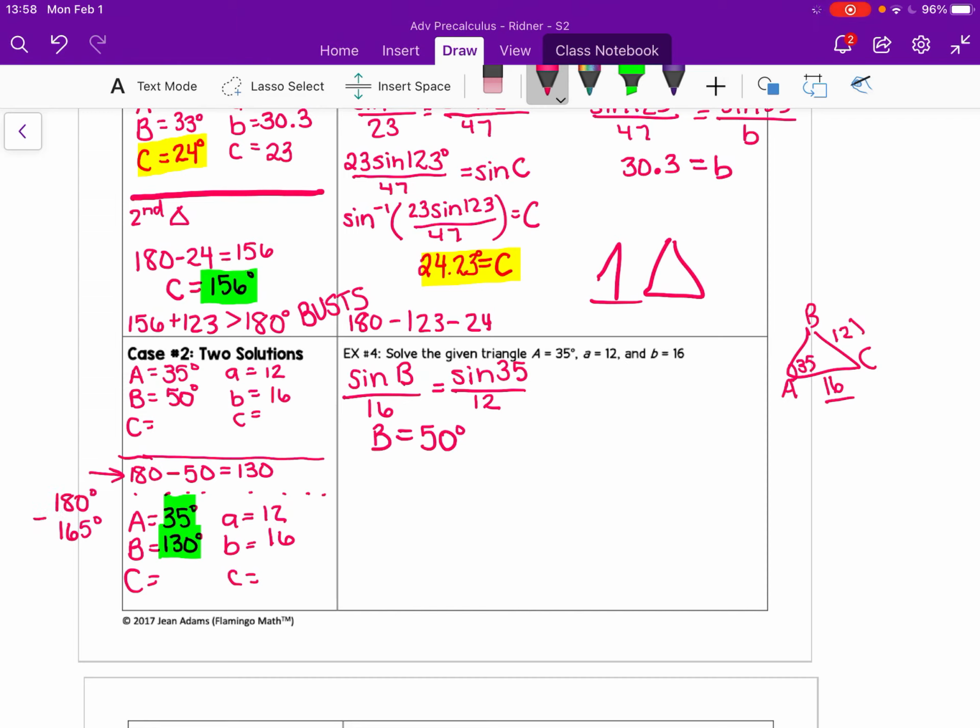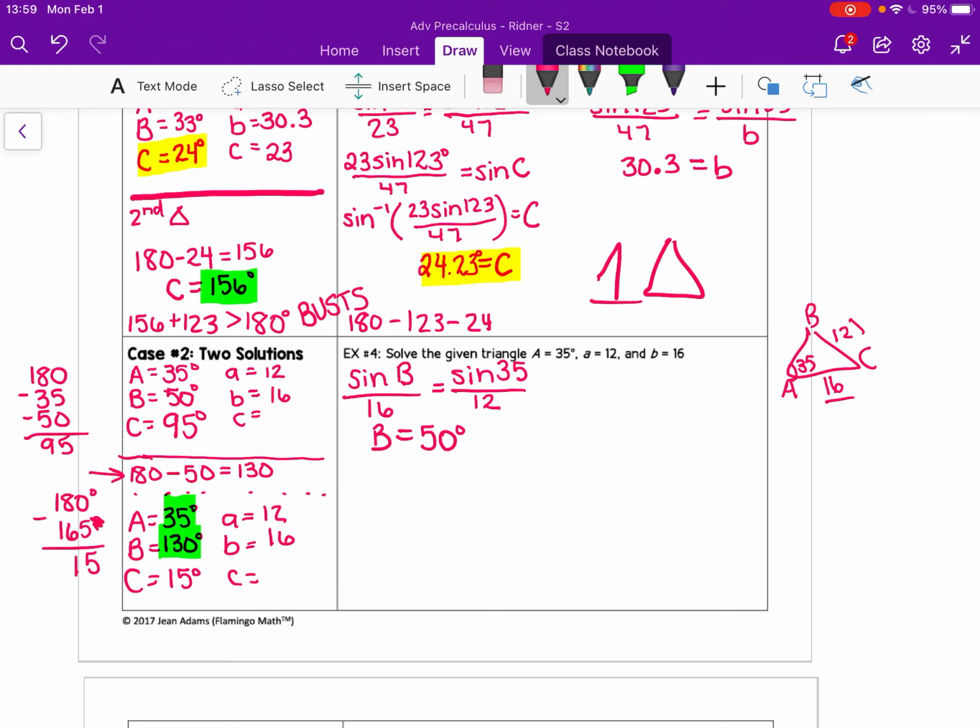To find that third angle, I would just subtract, right? And get 15 degrees. Whereas if I go back up here, I do 180 minus 35 minus 50 and get 95 degrees.